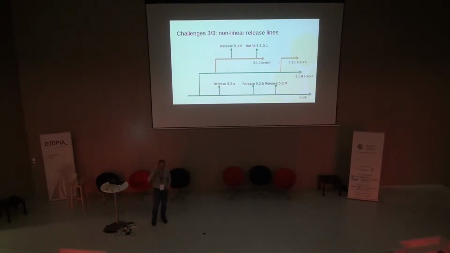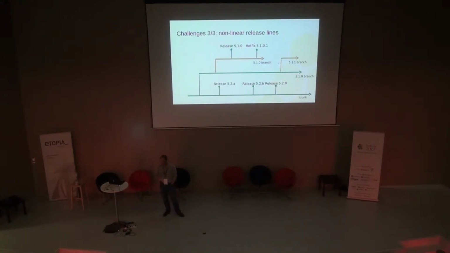You have one version which is working at a given point, and the engineering team is working on the next version. And once the next version is released, you forget about all the previous versions. You don't want to hear about them, you don't patch them, you don't fix them anymore. In our case, we cannot do that because we have so many customers who don't upgrade as much as we would like them to do.